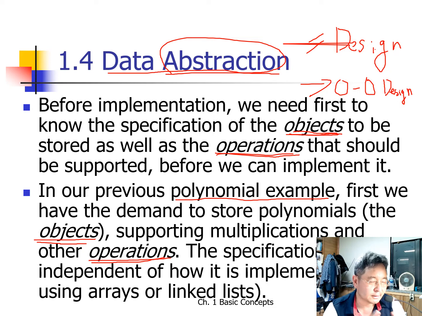So data structure itself is the design phase. Because we will use this data abstraction method in the later chapters, we must introduce what data abstraction is. Data abstraction means object-oriented design.